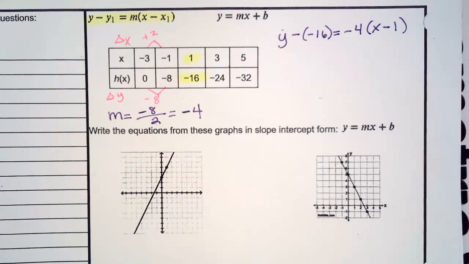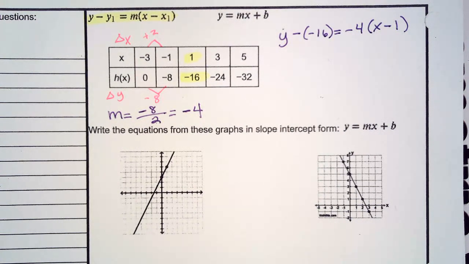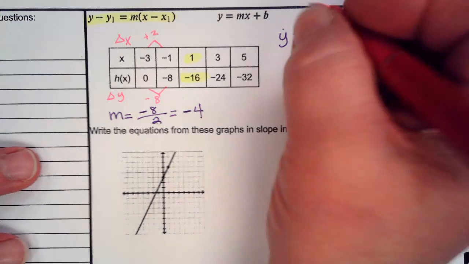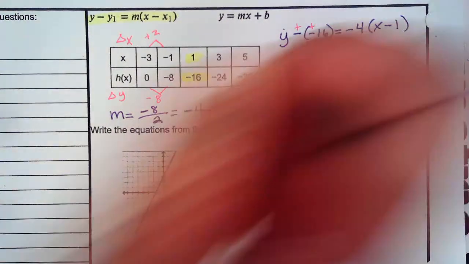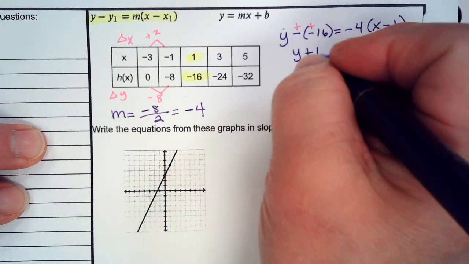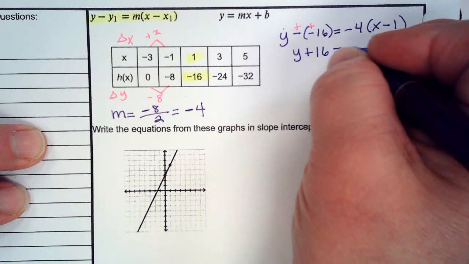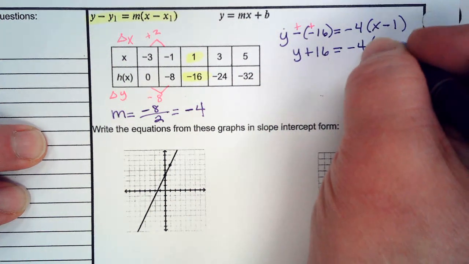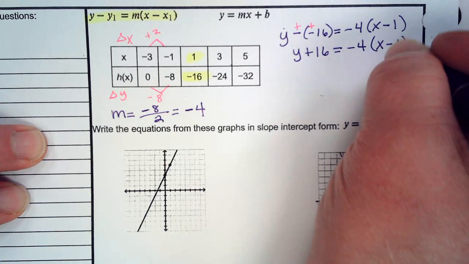Can I leave it the way it is? No, you never minus this negative, you always plus the positive. So this is y plus 16 is equal to -4 times the quantity of x minus 1.